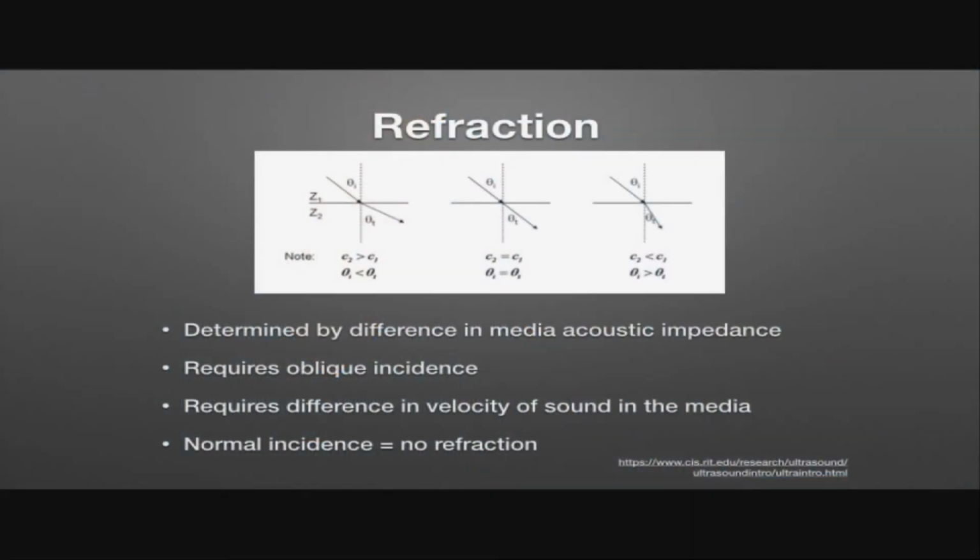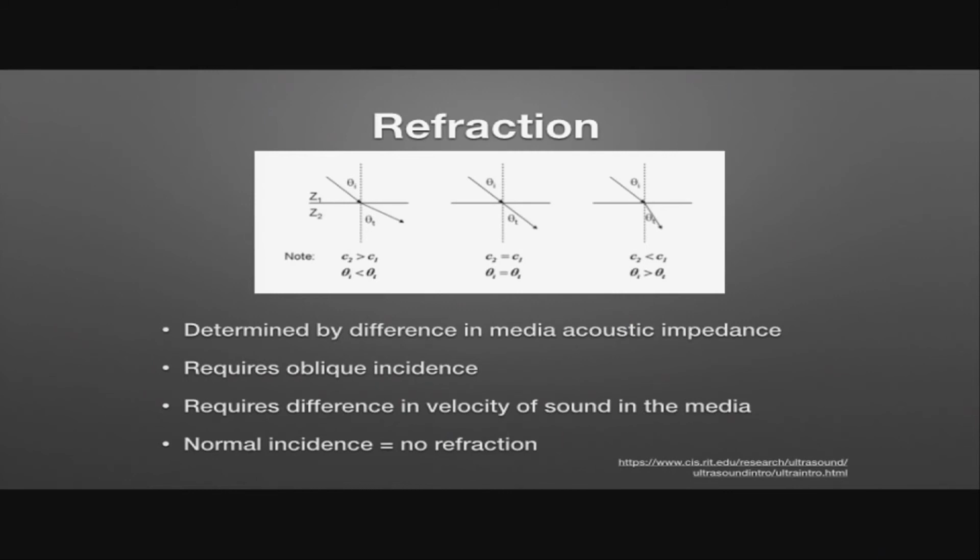So if we consider the different scenarios, the first is where the propagation speed in the second media is greater than in the first media. We will see that the transmitted angle is going to be greater than the incident angle.